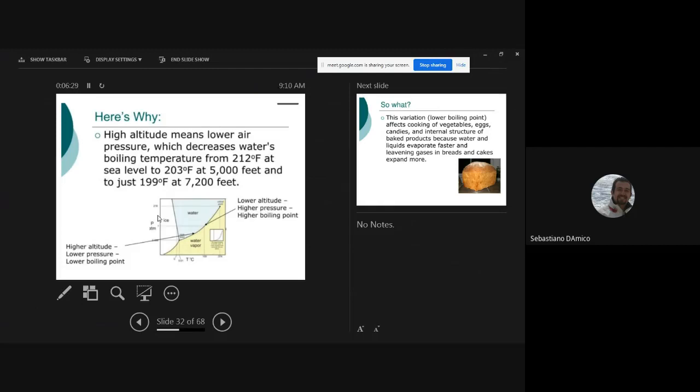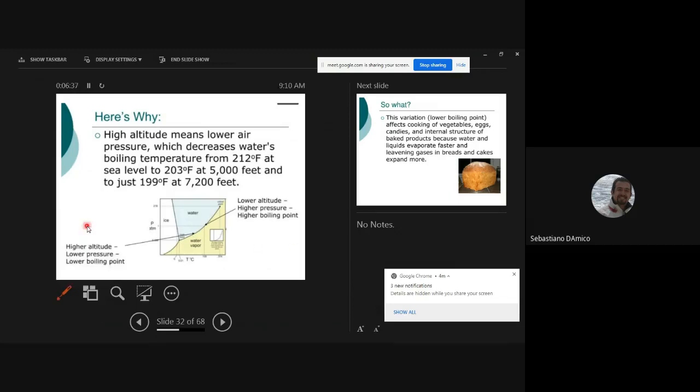So in this diagram over here, let's see if the pointer decides to work today, we have pressure on this axis and temperature on this axis.